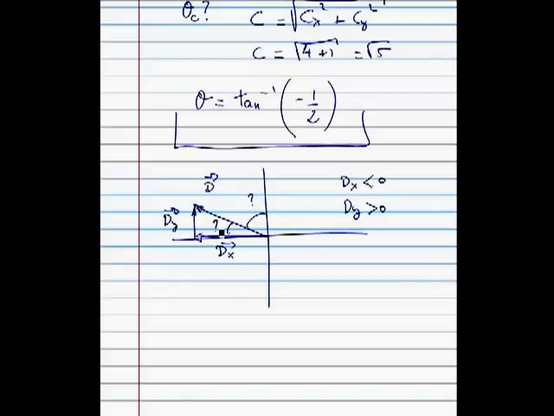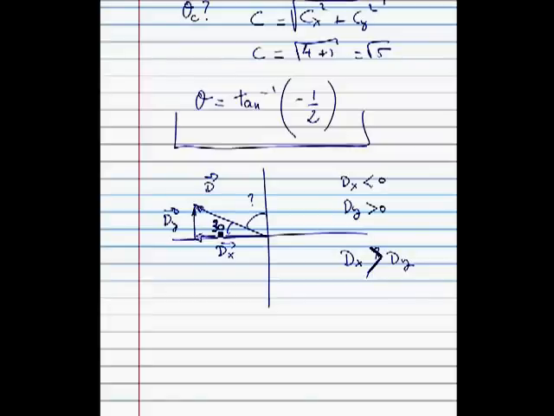All you have to do is figure out which component is the largest. For example, if, like in this case, dx is larger in magnitude than dy, and the calculator is giving you an angle which is less than 45 degrees, say 30 degrees, you know right away that 30 degrees must refer to this angle.